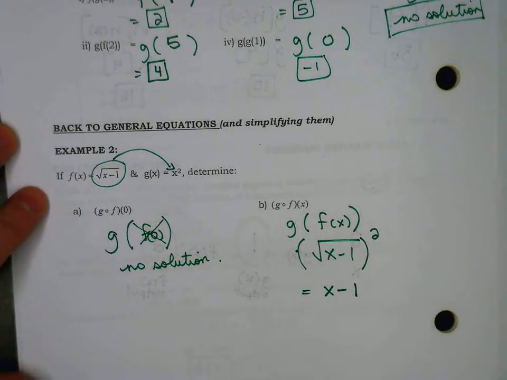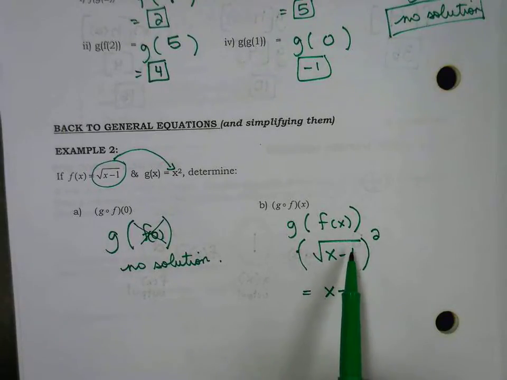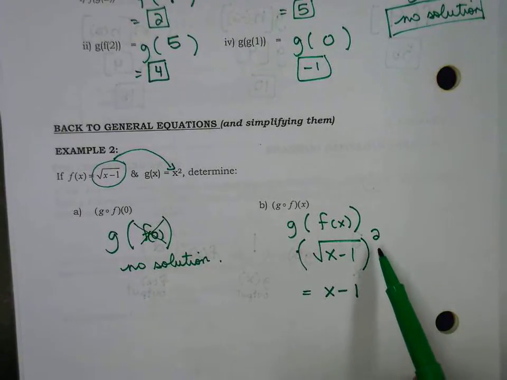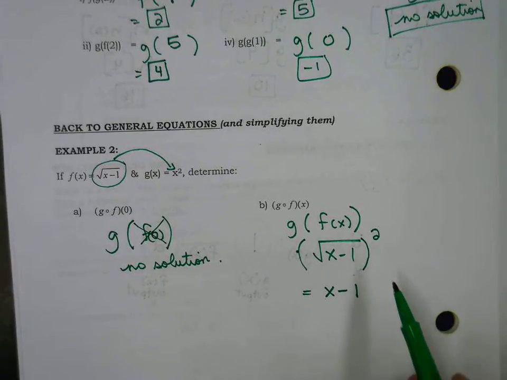At this point, I might say, hey, what if I were to ask, plug a 0 in? 0 minus 1 is negative 1. There's a solution. But a moment ago I said, when you plug in a 0, there is no solution. The one thing we must remember is that even though functions might be manipulated or changed through a composition, the initial domain is still very, very important.